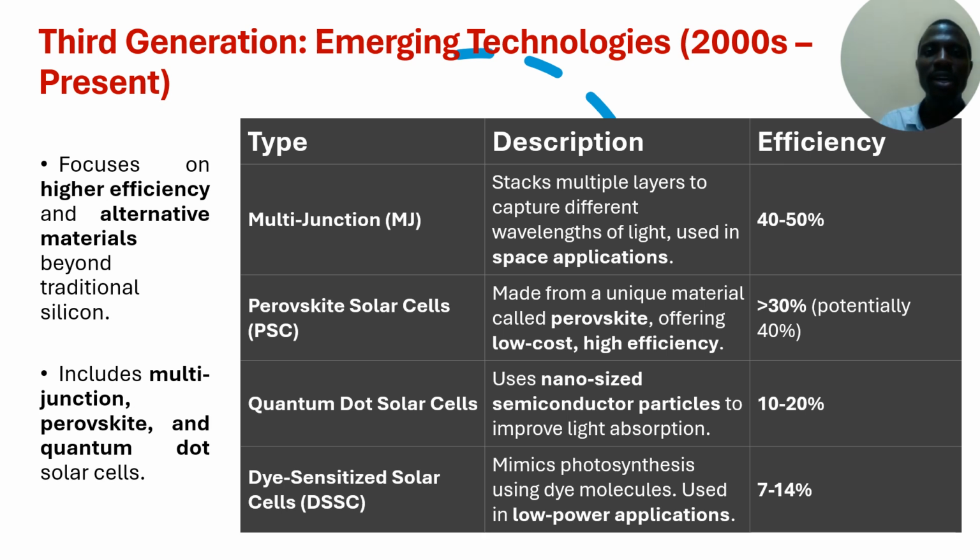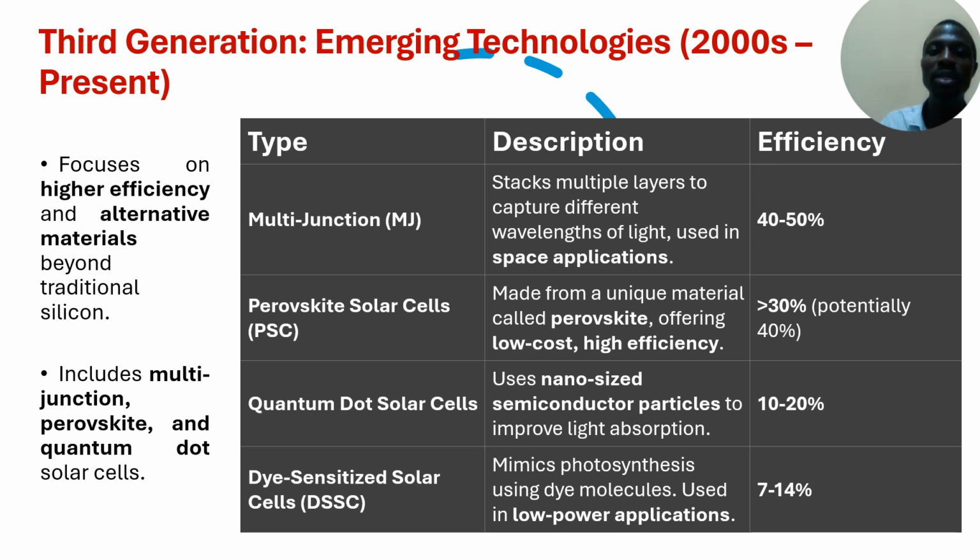Multi-junction stacks multiple layers of materials to capture different wavelengths of light, and usually is used for space application. Efficiency between 40 and 50% has been achieved, although the technology is actually not so cost effective.